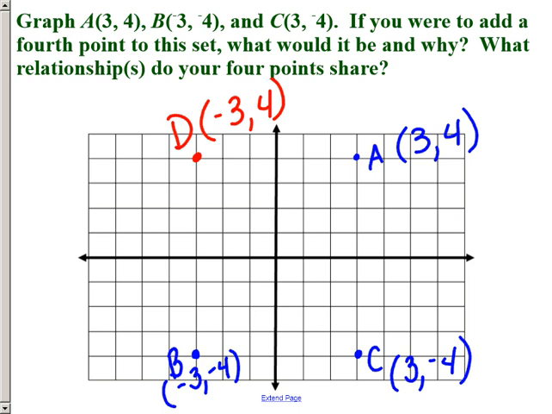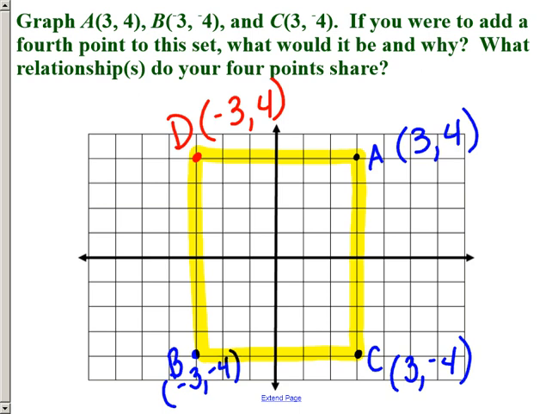So check your points A, B, and C and make sure those are graphed correctly. For me, if I were going to graph a fourth point, I would put it where I have put point D, because when I connect the 4 points, it's going to make a rectangle.